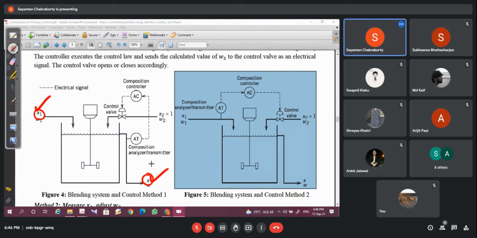That can be proved. Because in a large capacity tank, due to the capacitance property, it will retard the change in such a way that the change will be very small, and the deviation before the feedback control system brings it back to the desired value will be much, much less.